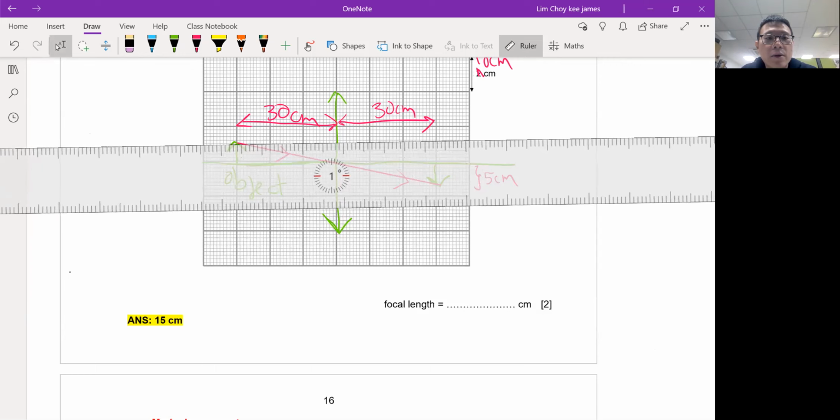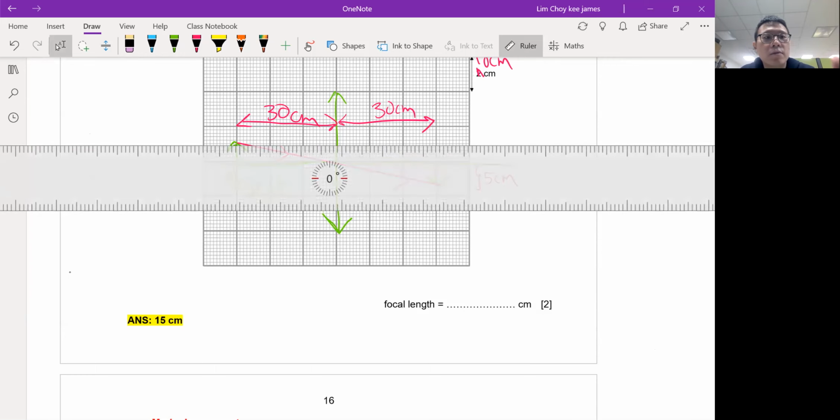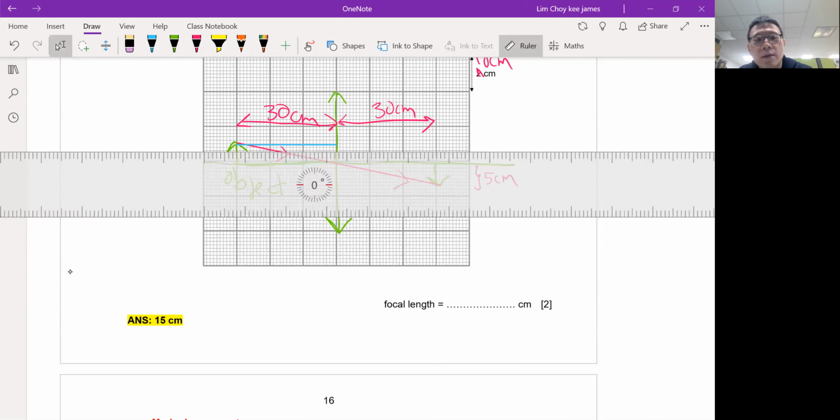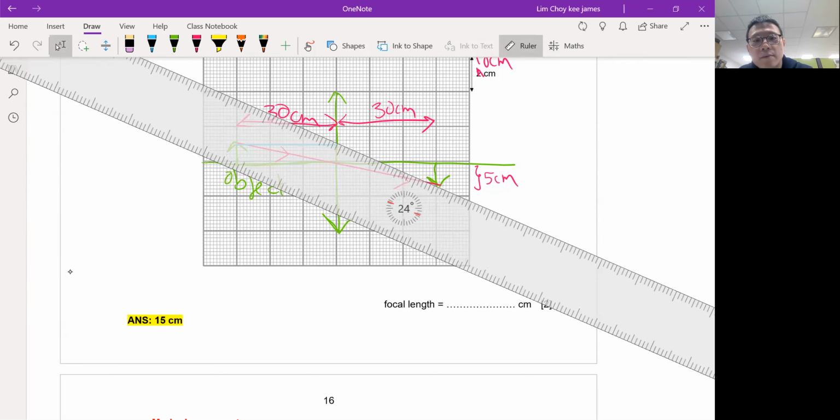Second one is ray 2. Ray 2 goes straight, hits the lens. After that, it cuts through the focal point and goes through the head straight away.